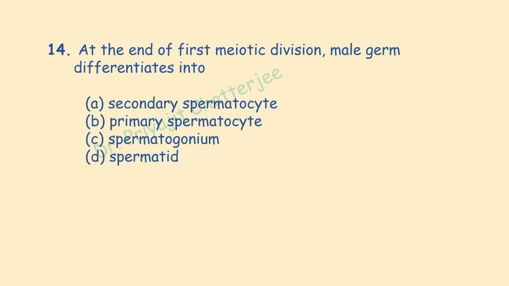It completes the first meiotic division, reduction division, leading to the formation of two equal haploid cells called secondary spermatocytes, which have only 23 chromosomes, that is 22 plus X or 22 plus Y. So at the end of the first meiotic division, male germ cell differentiates into secondary spermatocyte. So here the answer will be secondary spermatocyte, that is option A. Next question.